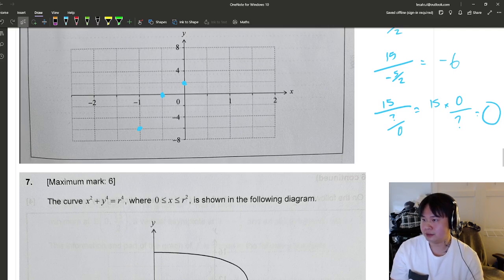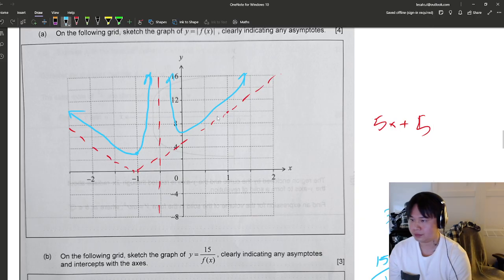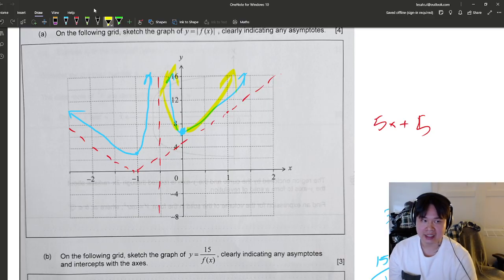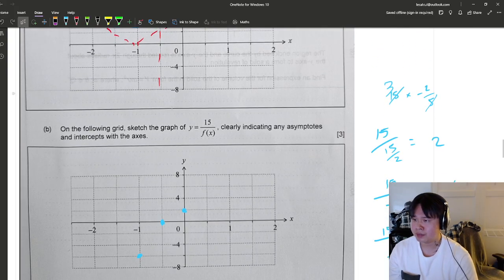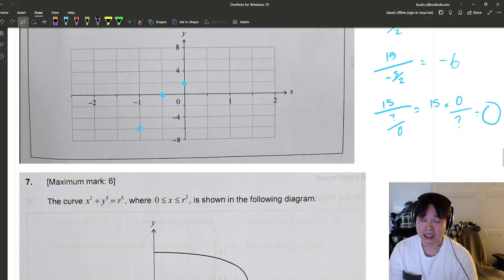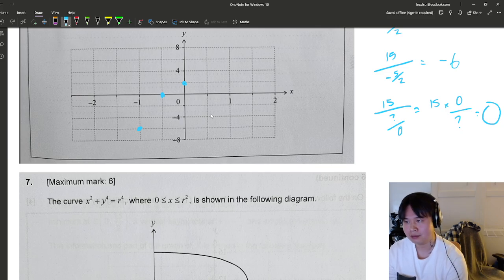Okay, now we sketch out the rest. As you can see, from this point, the y values get larger as we go to the right and as we go towards where our original asymptote was. If our y value gets larger, then our reciprocal value gets smaller. Well, it goes towards 0.